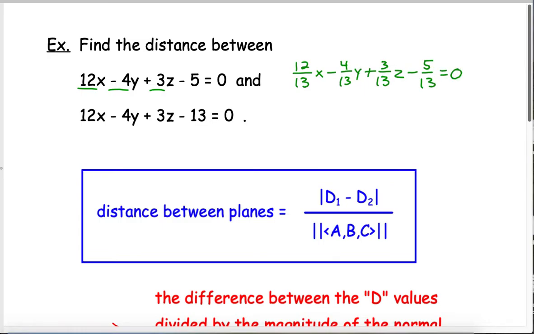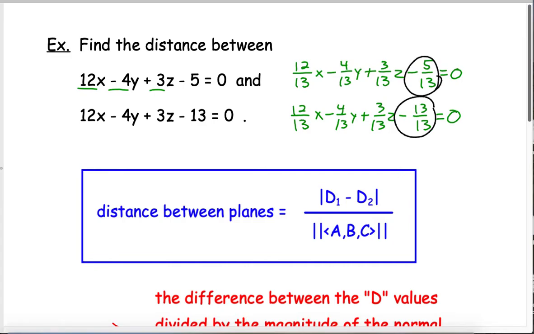And then same with the other one. And this time we get 13/13, which is 1. Now all we have to do is find the difference between these constant terms, which happens to be 8/13, which is what we already have.